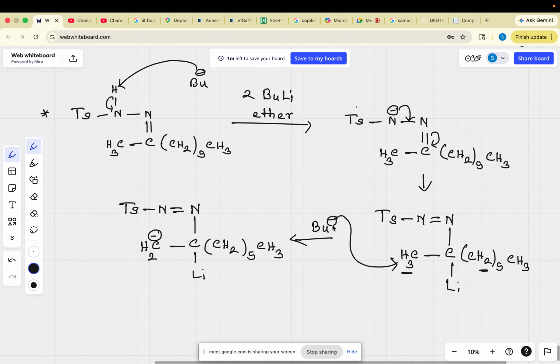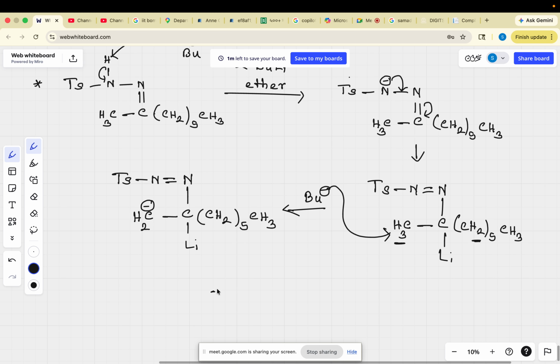Because this butyl lithium, keep in mind, butyl lithium means what? This is your butyl lithium. 1, 2, 3, 4. 4 carbon atoms you have. So it's a bulky base. First of all, it's a bulky base. Second thing, which reaction is it?